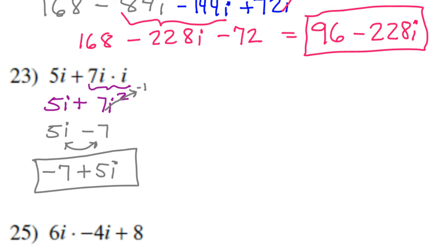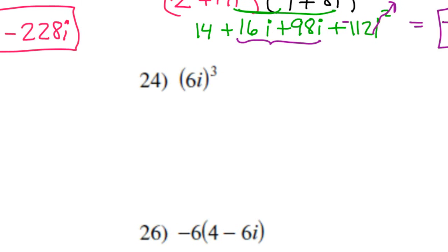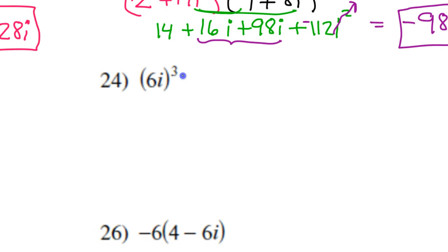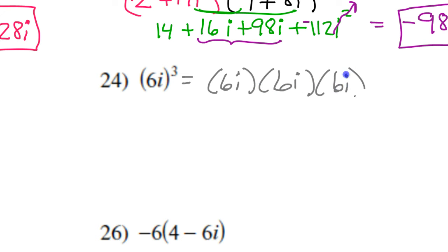Final answer. All right, looking at 24. Now we need to cube these things. Remember that cubing something means multiplying it by itself 3 times. So it's like 6i times 6i times 6i. So we could just take this 2 at a time.